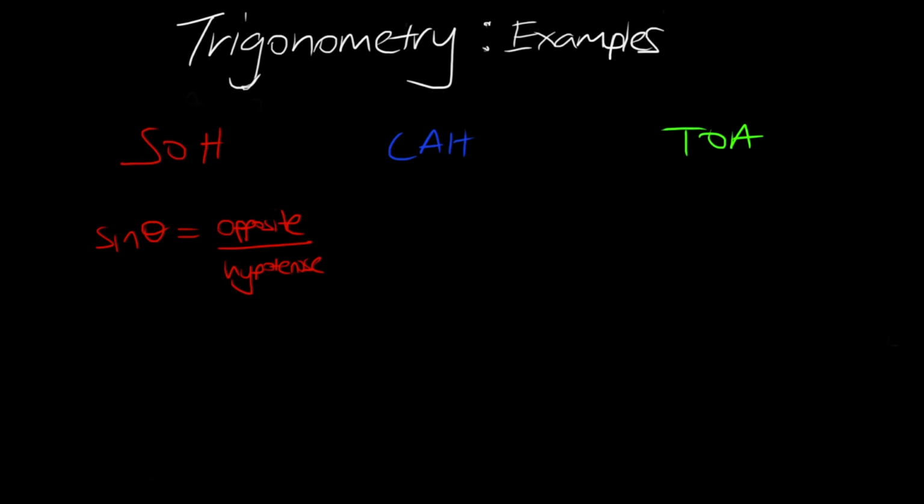Now if we need to find either the adjacent side or the hypotenuse and we're given one of those two sides, we need to use cos. What this abbreviation means is that if we have cos theta, it will equal the adjacent side over the hypotenuse.